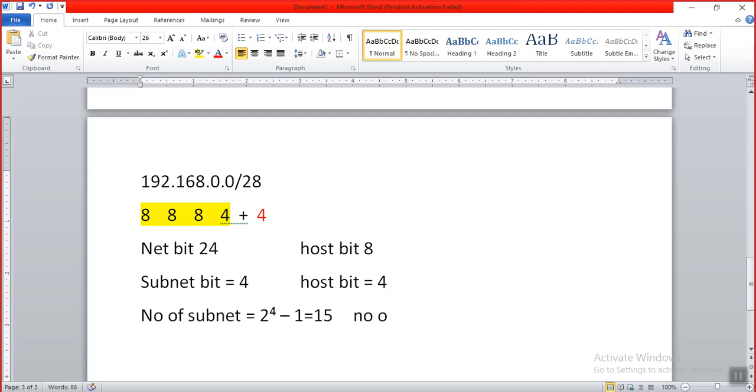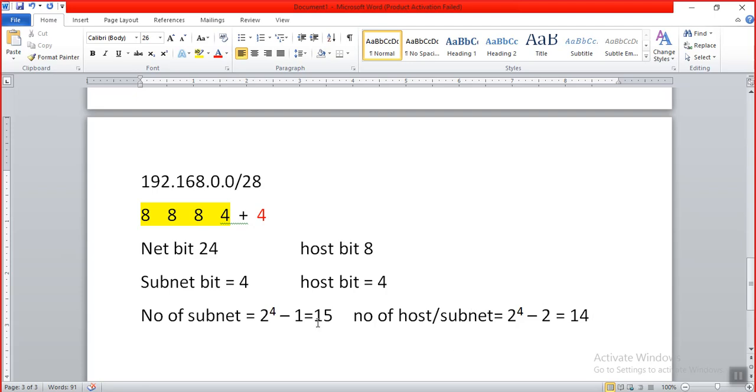And number of IPs or number of hosts per subnet is also the same: 2 to the power 4 minus 2 equals 14.